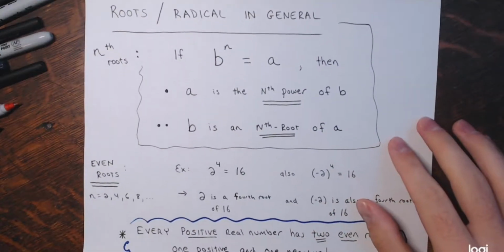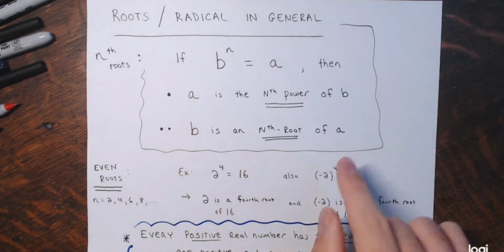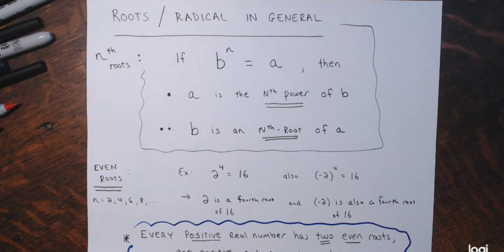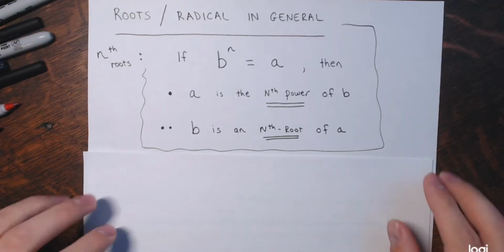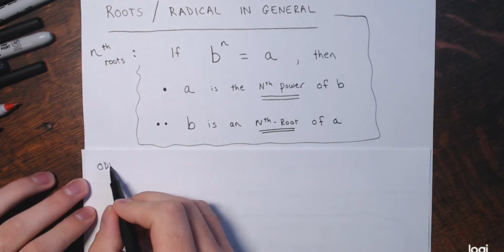Okay, so going back to the little statement up here, right? If b to the nth power is a, then we say b is an nth root of a. What about odd roots? We talked about even roots. Here's odd roots.